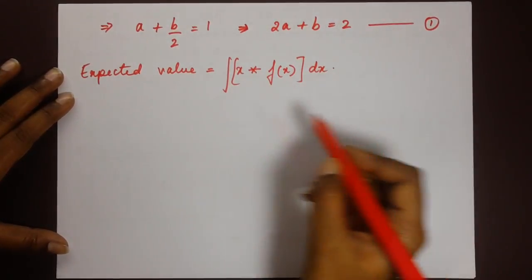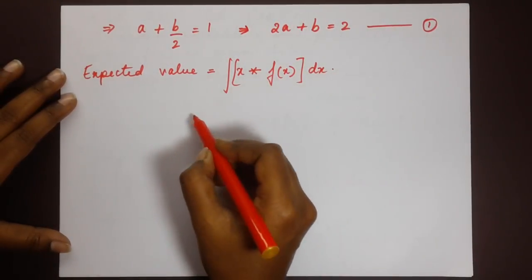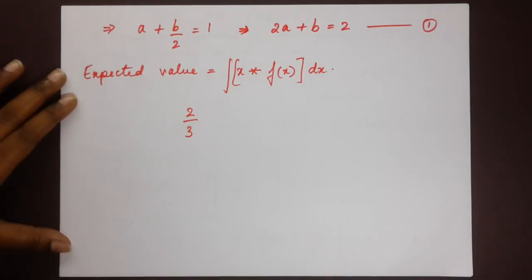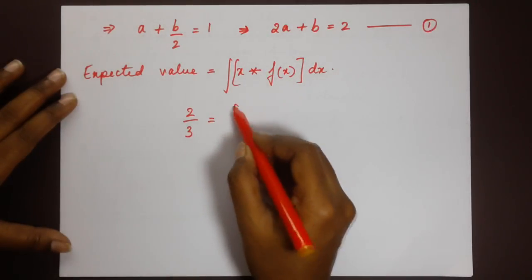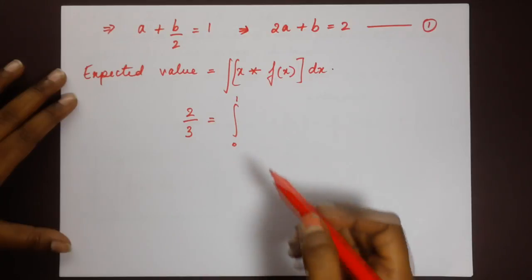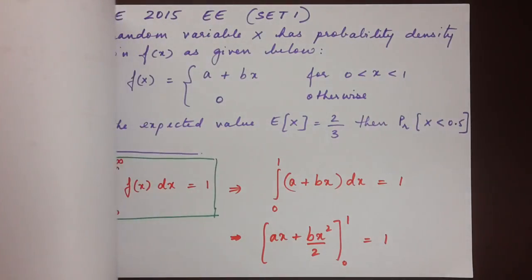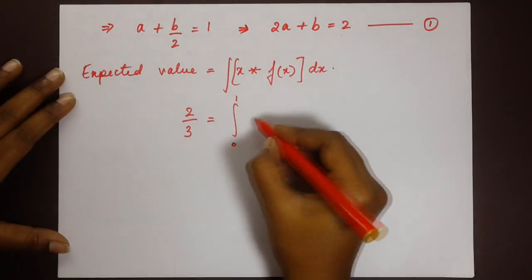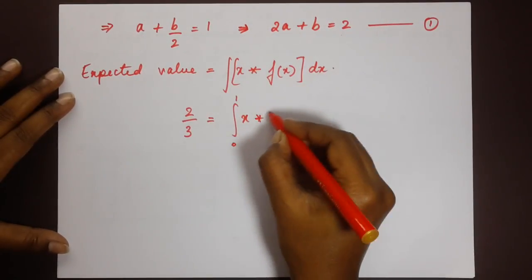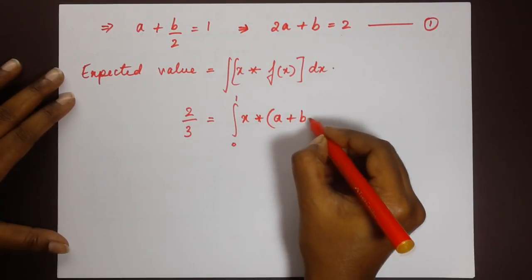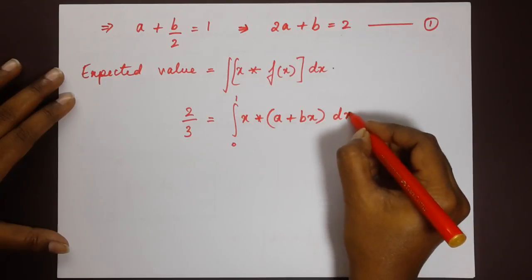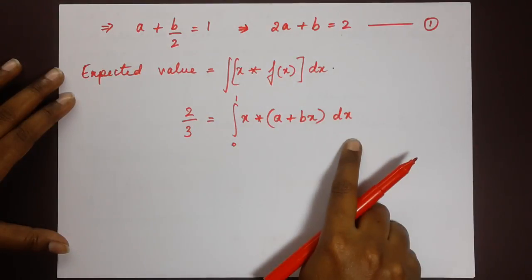Okay, so let's plug in the values. We have the expected value as 2 by 3. Now this is equal to integral 0 to 1, because that's the condition given. x lies between 0 to 1 and the expression is a plus bx. So we have x into a plus bx dx.